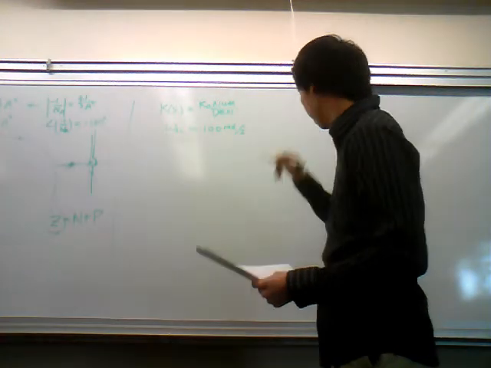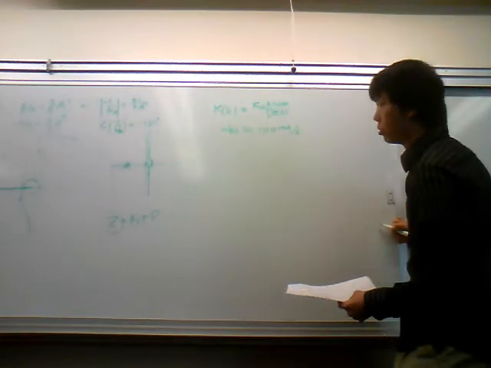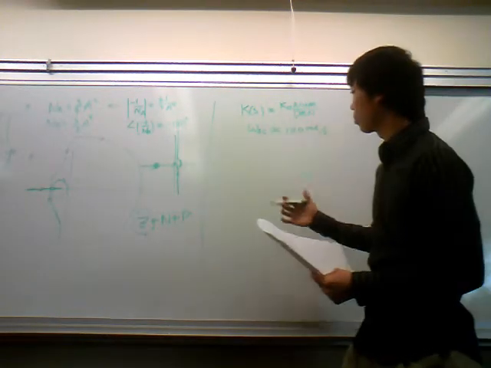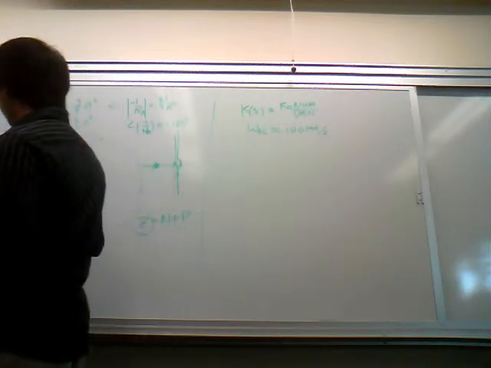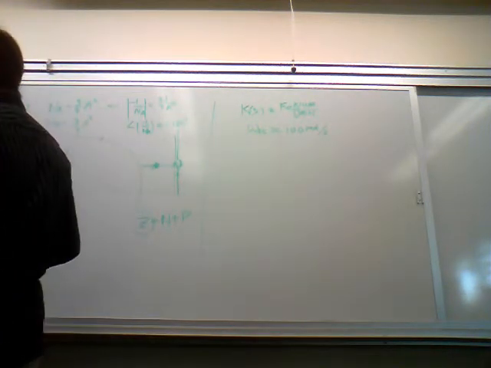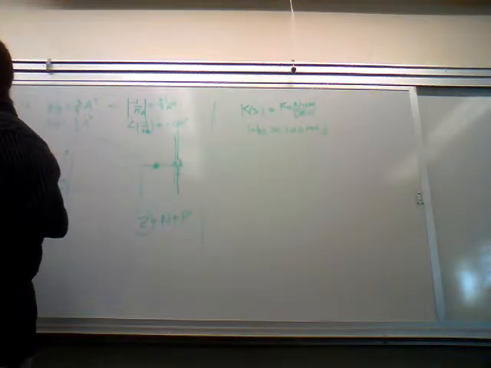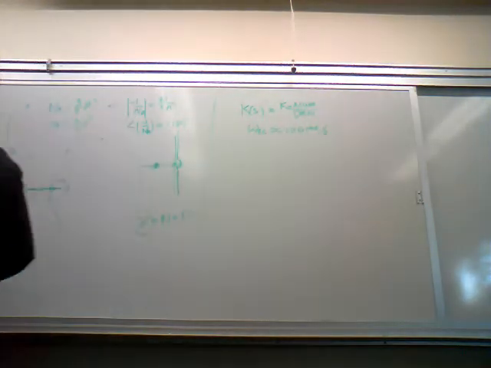So, how do we do this one? Well, to have a stable limit cycle, what we want is for our Nichols diagram, so we have this, right?